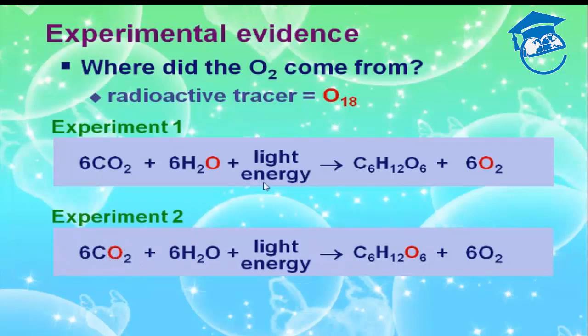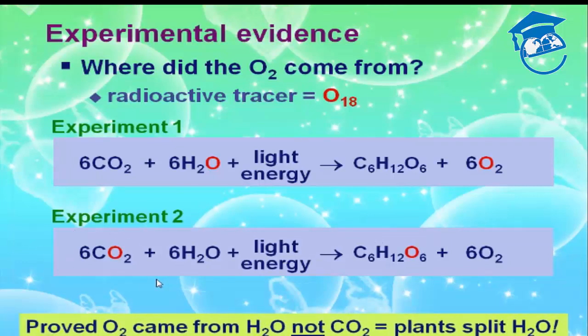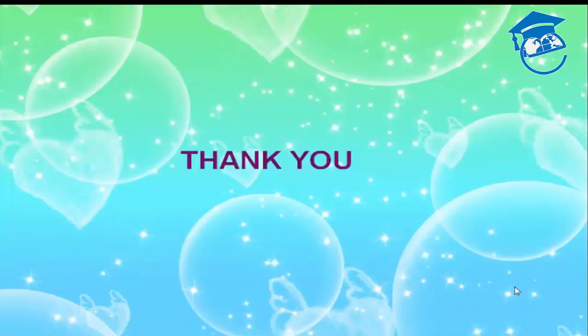This oxygen was traced by O18. So the oxygen that we respire comes from the splitting of water which takes place in the thylakoid of the chloroplast, and this glucose is made from the carbon dioxide in the plants. So it proved that oxygen came from H2O and not CO2 because plants split H2O. So this was all about it.